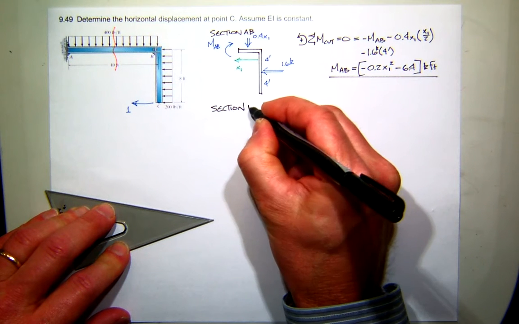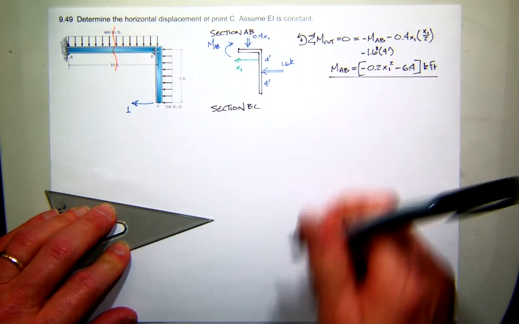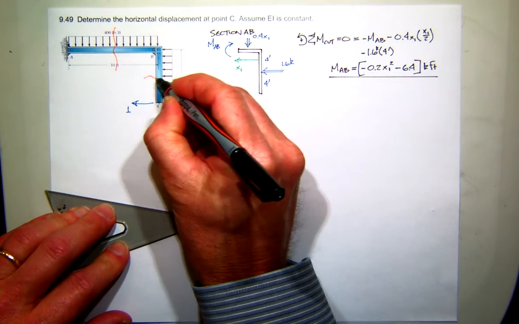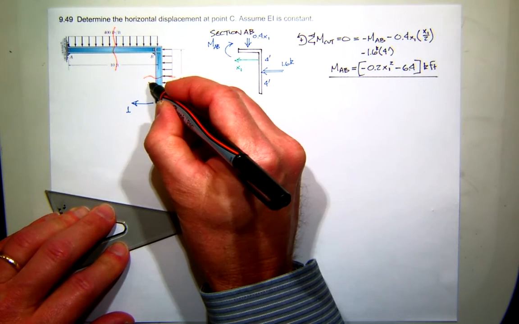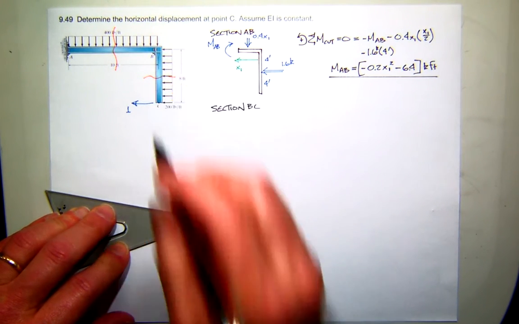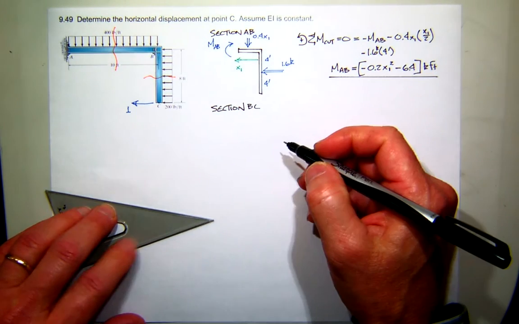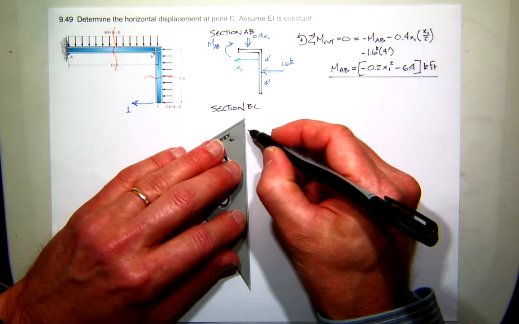And this will be section BC. So I'm going to cut it here in BC, and I think it's going to be easier to look at the bottom section. So I'll draw a free body diagram for that.